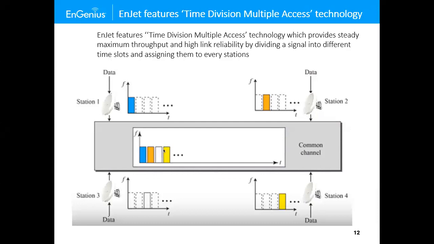But EnJet gives you an advantage, especially in noisy RF environments. EnJet can eliminate the hidden nodes, which we're going to talk about in the next slide, and can also fight interference. With EnJet turned on, the AP gives every station a specific slot to transmit on, and the client will transmit regardless of whether or not another system is transmitting. This makes it more robust in noisy environments.